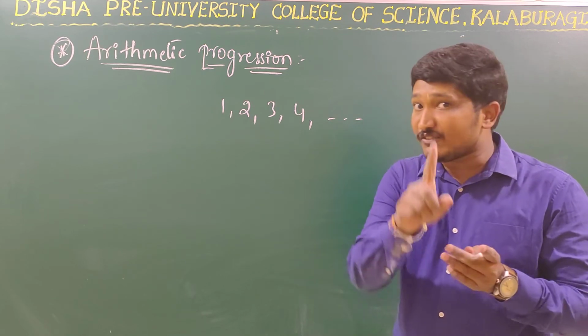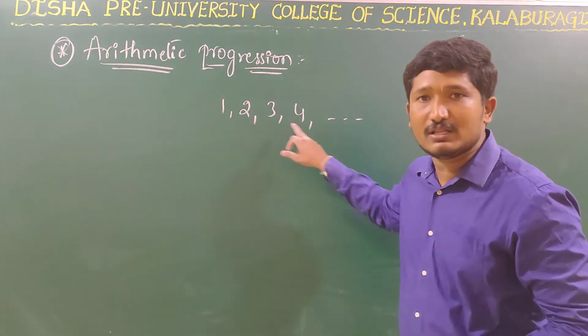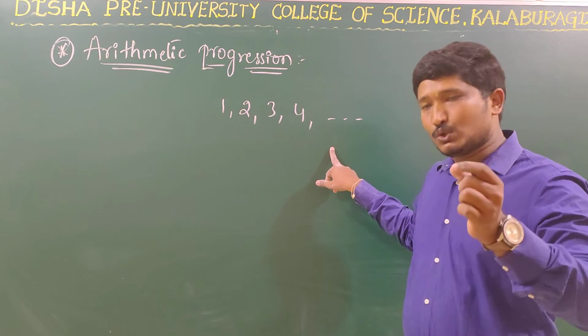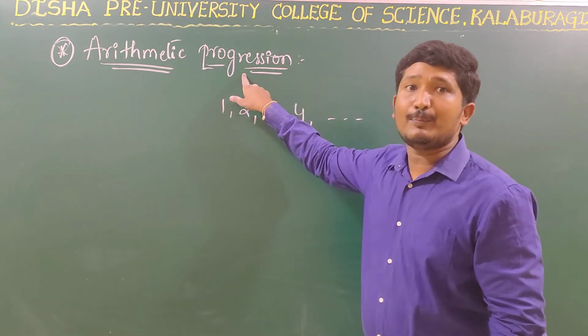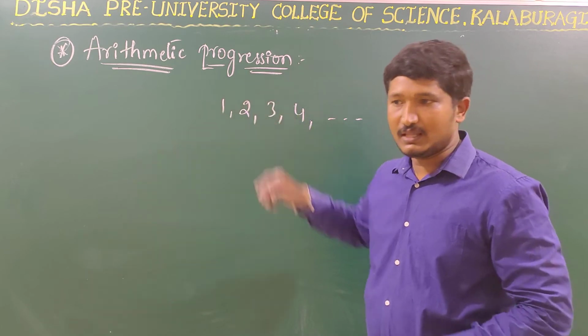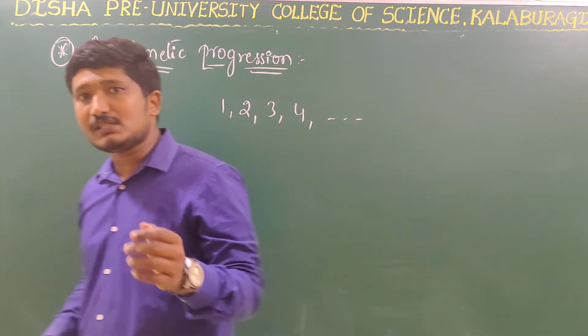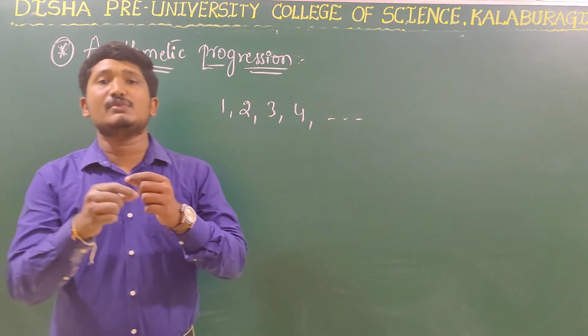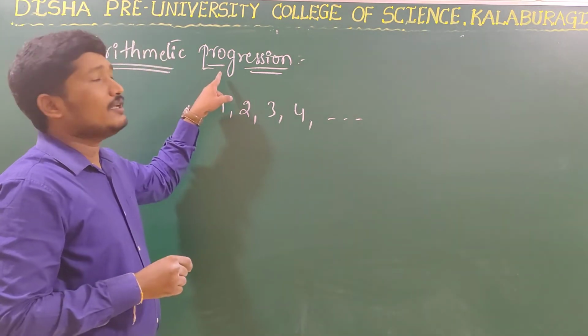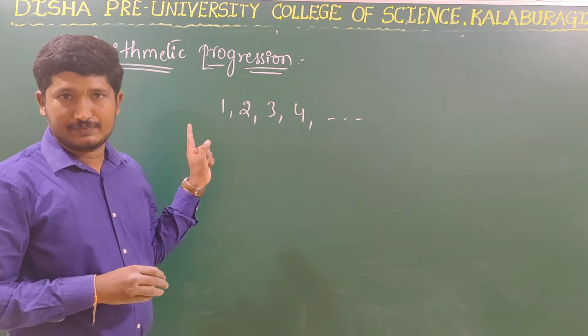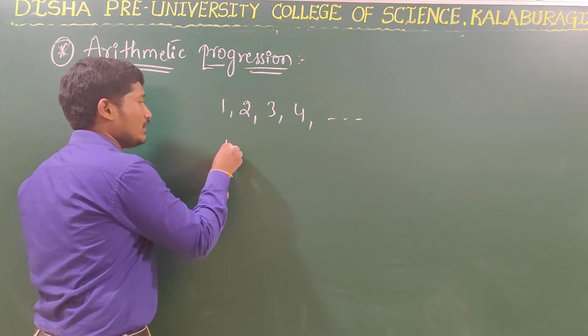So there is some specific pattern that is followed in the sequence, right? So this sequence we can call it a progression. That is, the sequences which follow some specific pattern are called as what? Progressions, right?